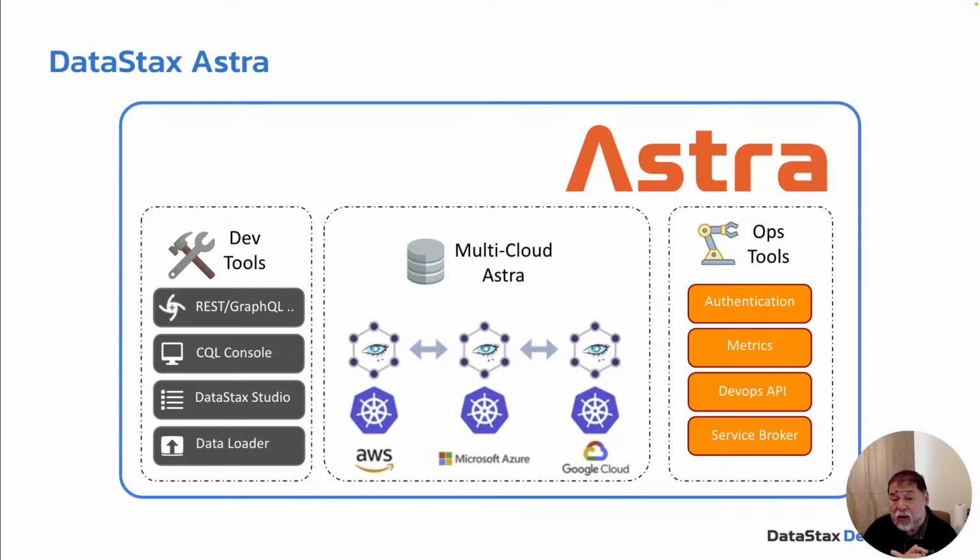It allows you to create a REST API. It allows you to use GraphQL. It allows you to use a document API if you want, and there are others, and a growing list. It also has a built-in console, so you can run CQL commands directly through the ASTRA graphical user interface.